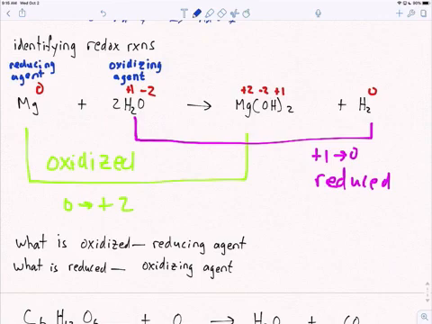So magnesium is being oxidized, water, specifically hydrogen in water, is being reduced. Since magnesium is oxidized, it's delivering reduction, it's the reducing agent. And water is being reduced, which means it's delivering oxidation, it's the oxidizing agent. Does that make sense?